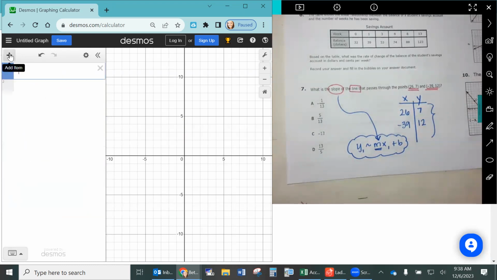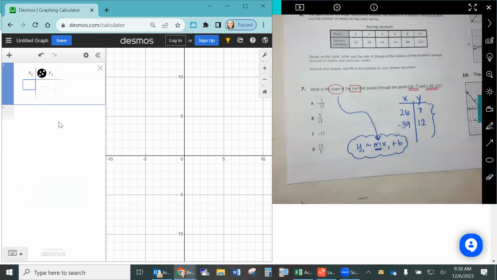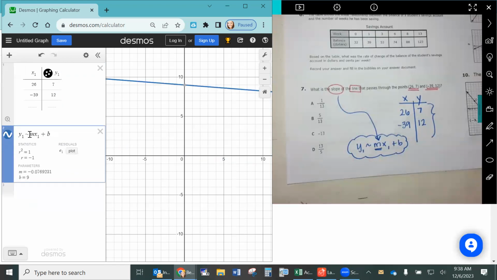You're going to click your plus first, add your table, plug in your numbers. So 26 and -39 down the X side, and then down the Y side, we're putting a 7 and a 12. Then I'm gonna come into my line 2, y1 squiggle m x1 plus b.